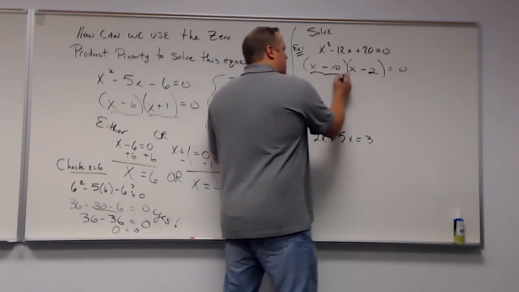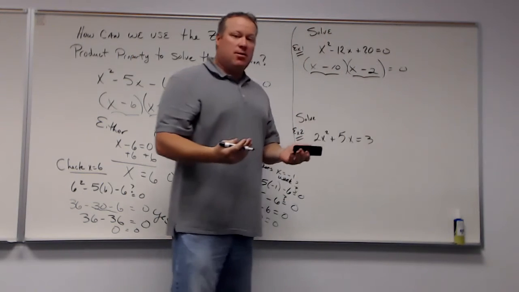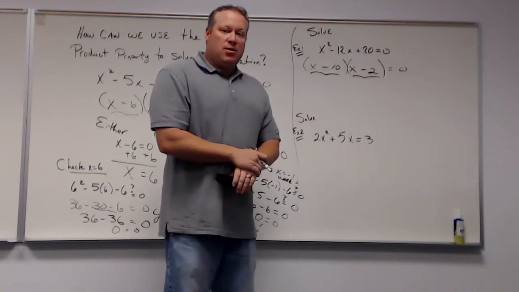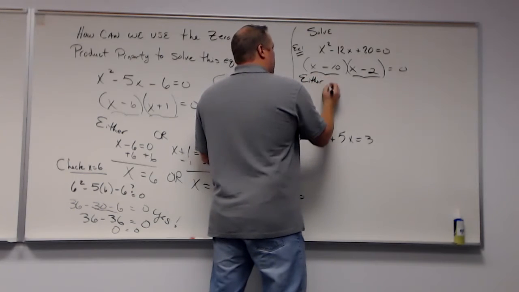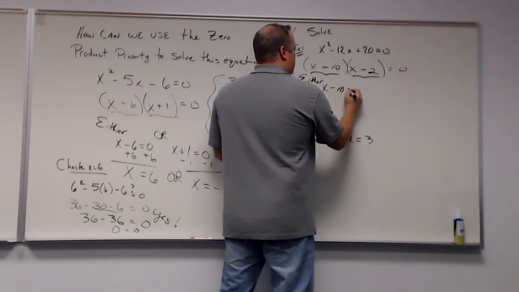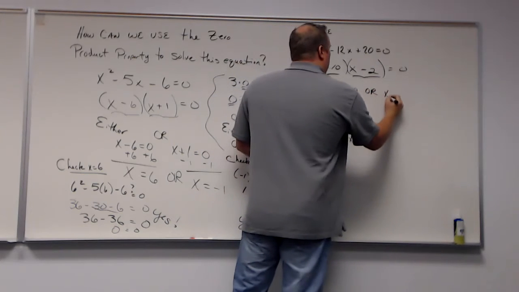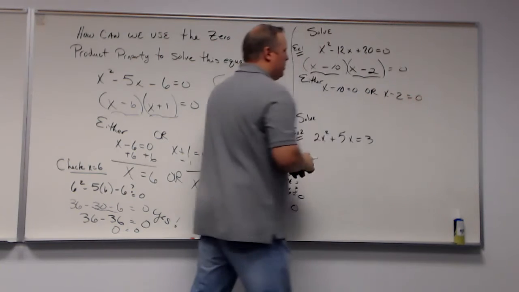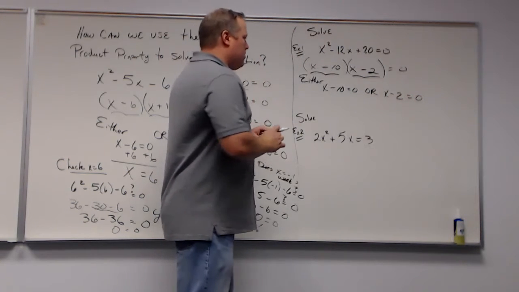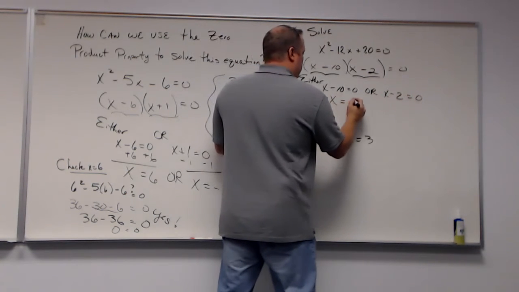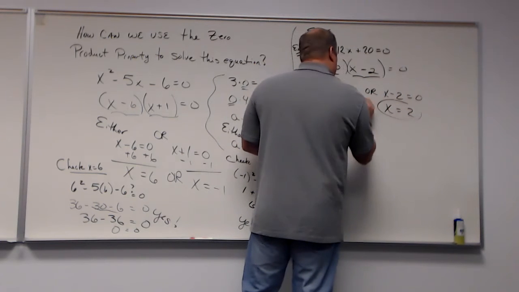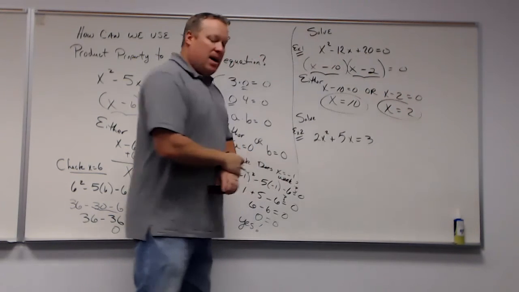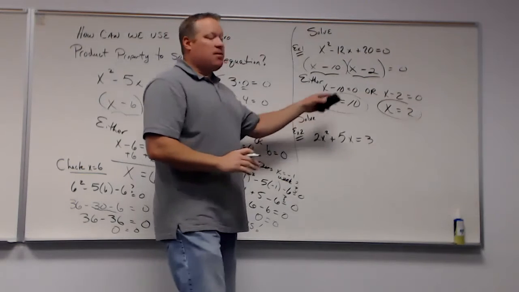So again, we have something times something equals 0. Now we can use the zero product rule, which says that either, and I always like to put this word either there, x minus 10 equals 0, or x minus 2 equals 0. Now, solving again, you get two solutions, and I will be asking you again to check both those answers.